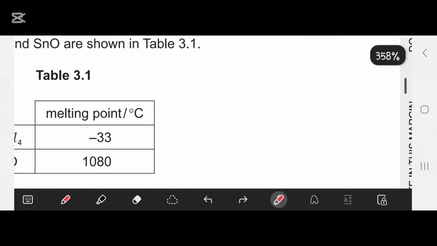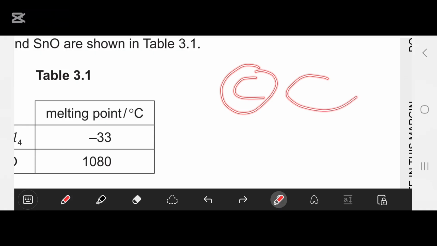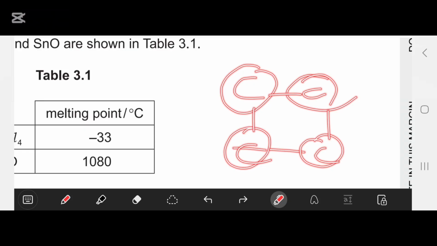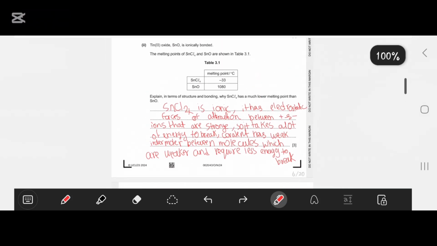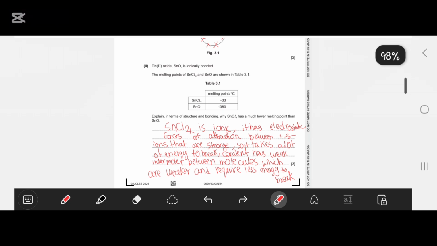But intermolecular is between, for example, several molecules of carbon. The bonding between the molecules is intermolecular, not covalent, which are weak forces that require a low amount of energy to break.